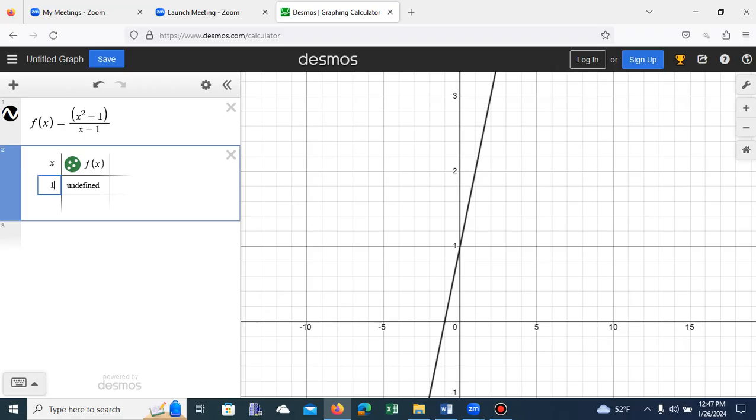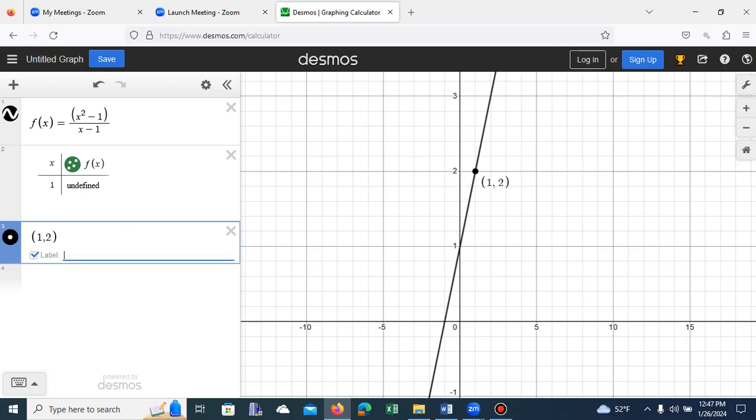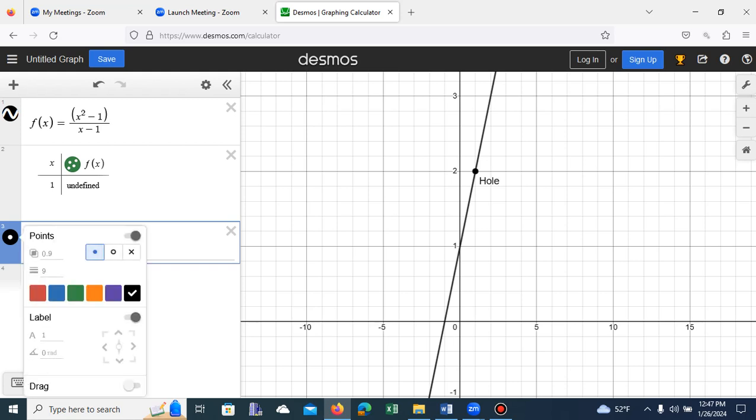We can use the function x plus 1 at 1: 1 plus 1 is 2. So at point (1, 2) you have a hole, this open circle.